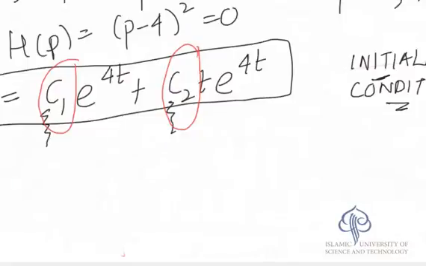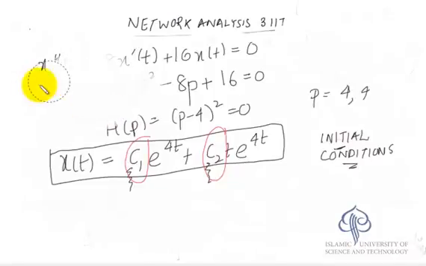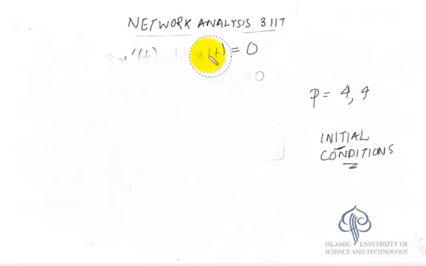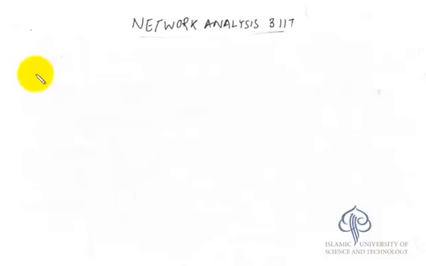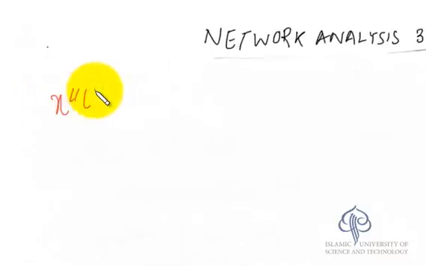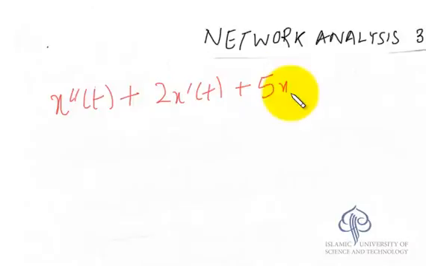Similarly, another example you can write down, like for example, if you have a differential equation which is given by x double dash t plus 2 x dash t plus 5 x(t) equal to 0.